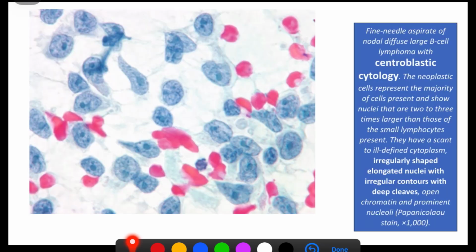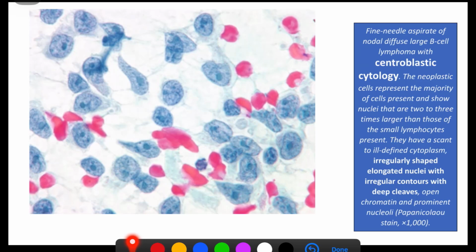Here again centroblastic cytology, where if you compare these large neoplastic cells with the lymphocytes, you can appreciate 2 to 3 times enlargement, with irregular nuclear membrane, some having elongated nuclei and some having deep cleaves.